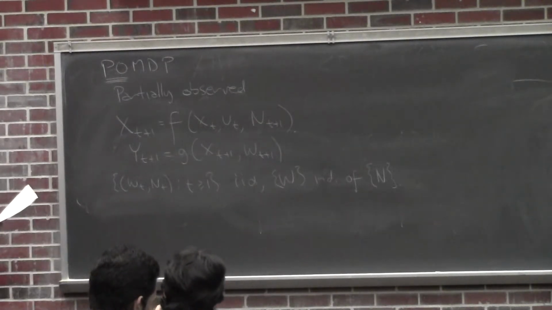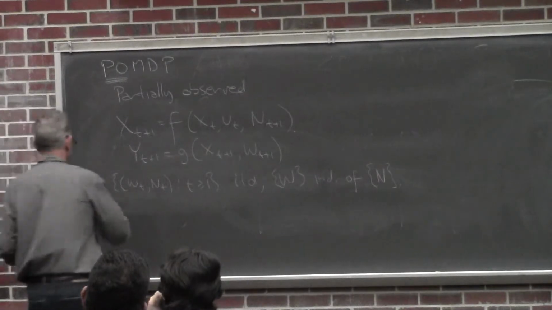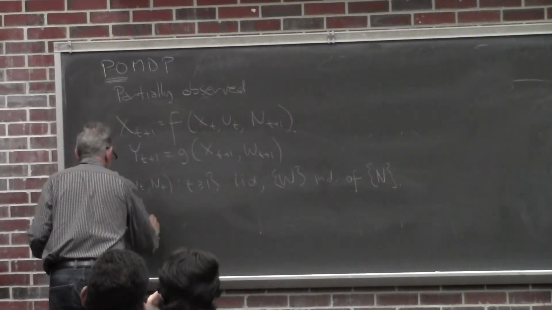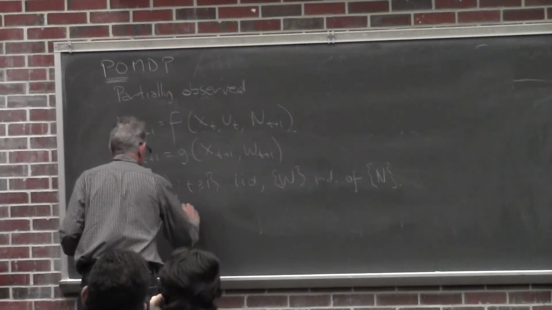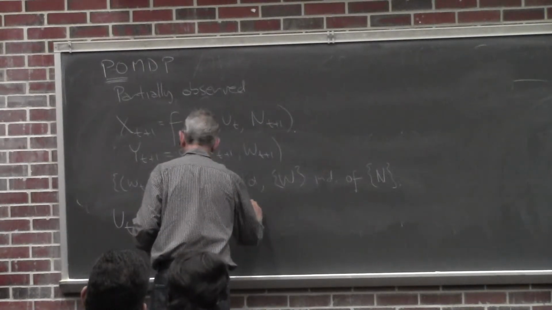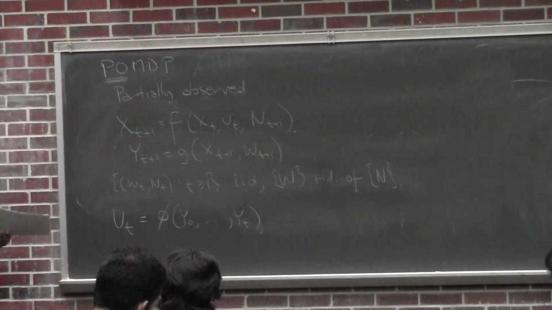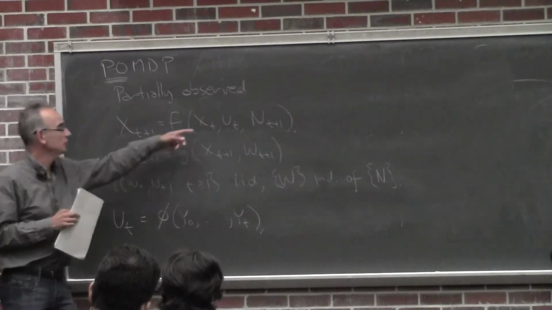And so now the problem is we want to choose our controls not as a function of x, but as a function of y. Unfortunately, this is the situation in almost all real applications. We don't observe the entire universe.